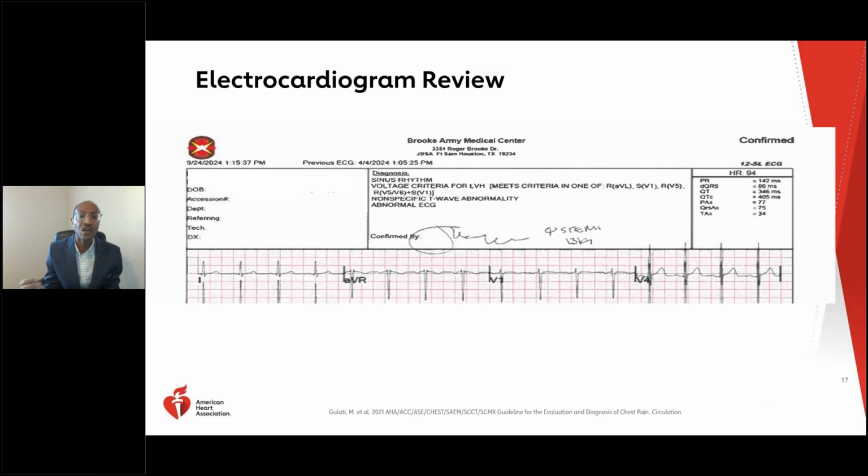We know that in the realm of acute coronary syndrome, it's imperative to have early diagnosis, particularly when emergent revascularization is needed.